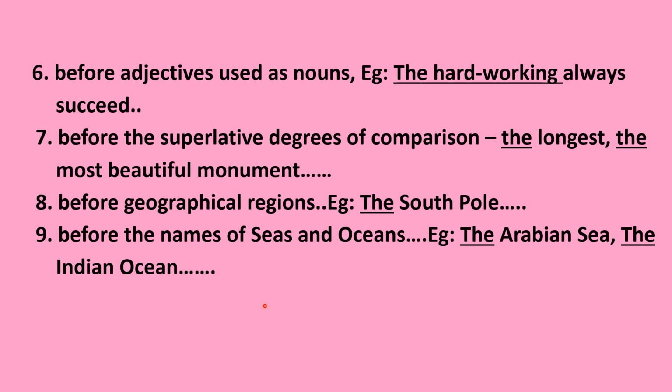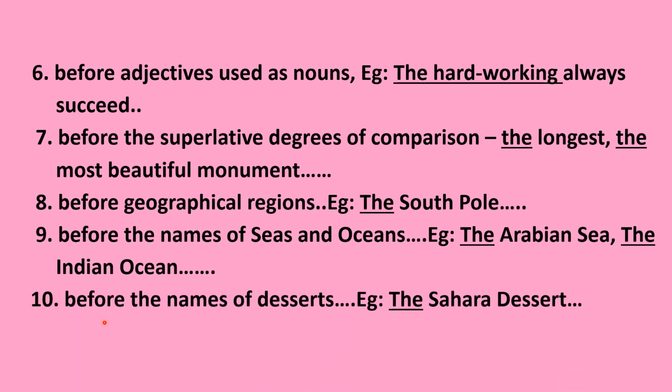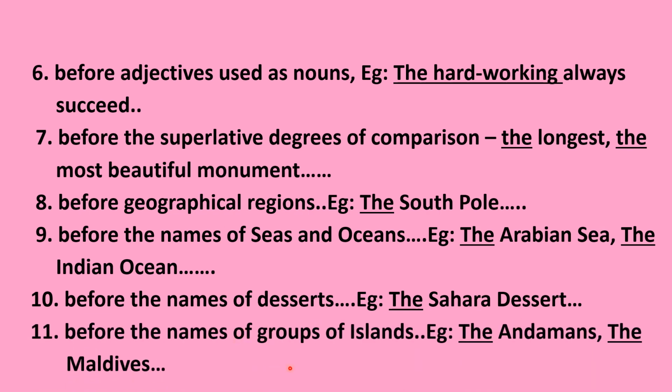So all the seas and oceans take the. Next, before the names of deserts, the Sahara Desert, like that. 11th, before the names of groups of islands, the Andamans, the Nicobars, the Maldives. So all the groups of islands will take the. So that is a comprehensive list of nouns where the is used, students.